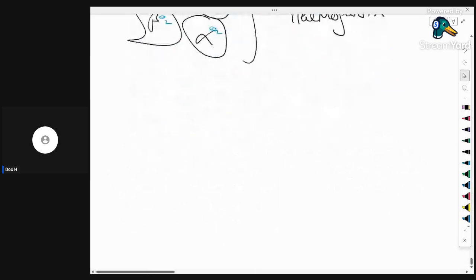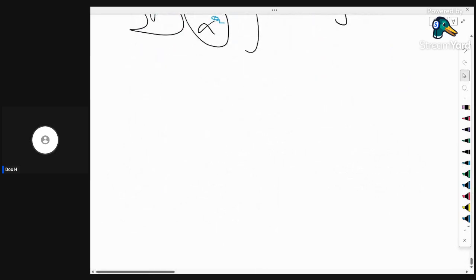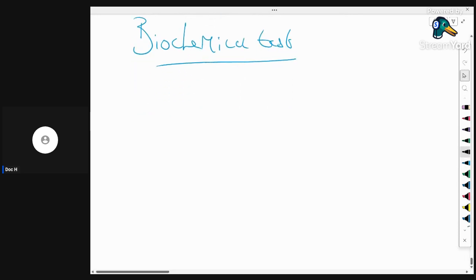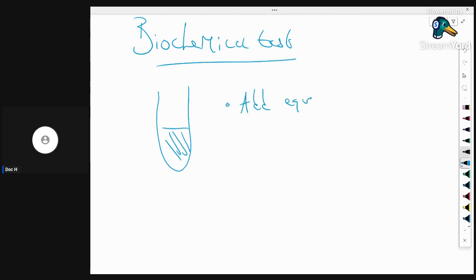Okay, final thing is how we test for proteins. The biochemical test for proteins is very simple. Take a test tube with your sample, and add an equal volume of sodium hydroxide solution.